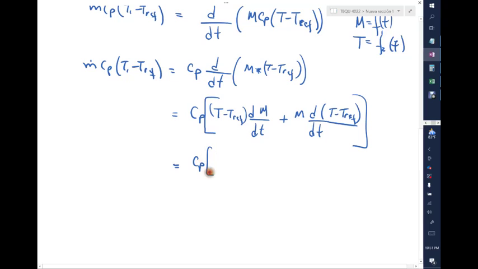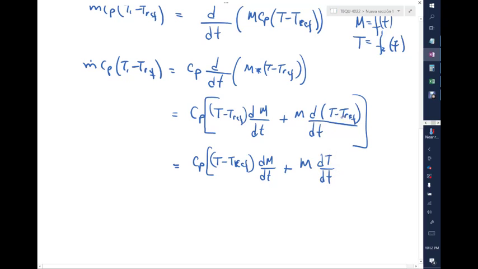Now what we're going to have is Cp times (T minus T reference) dm/dt, plus the derivative of this part here, so that will be m, and let's say that T reference is a number, so we end up with m dT/dt.